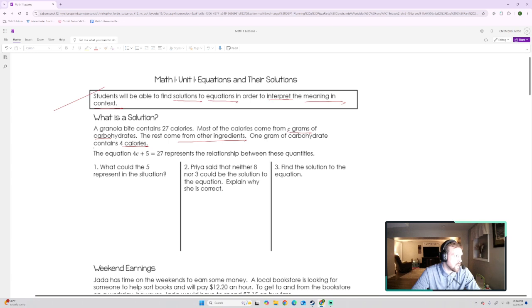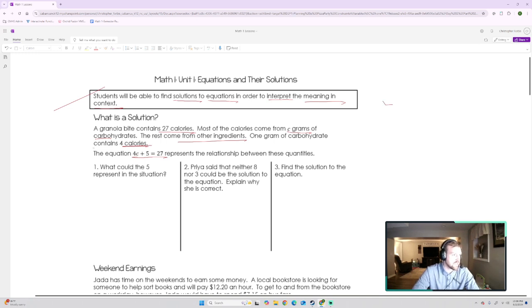So I know that 1 gram has 4 calories and this snack has 27 calories total. Alright, the equation 4c plus 5 equals 27 is going to represent this relationship between these quantities. So there's our equation. Alright, well, what could the 5 represent in this situation?